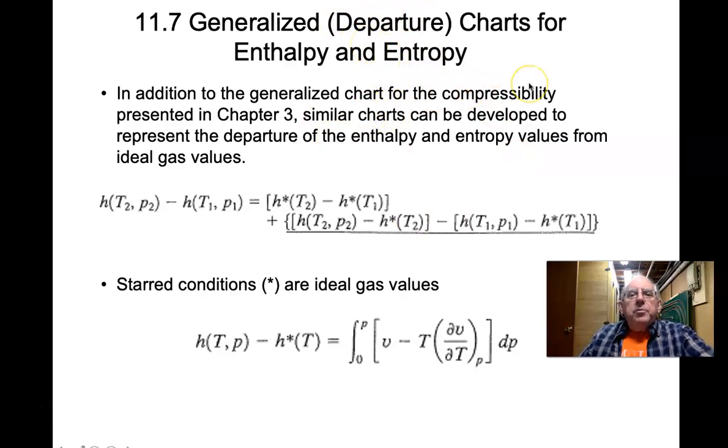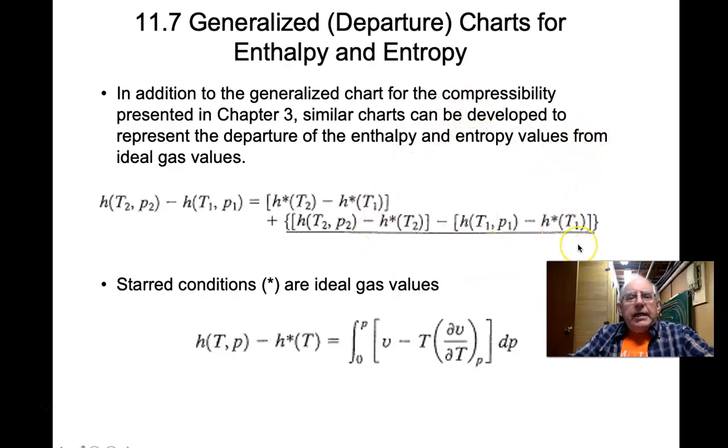And basically departure charts are charts that are similar in design to compressibility charts, such that they are generated with respect to a reduced pressure and a reduced temperature, like the compressibility chart was, but it's to determine the real gas enthalpy or entropy based on the behavior of the gas as if it was an ideal gas as opposed to a real gas.